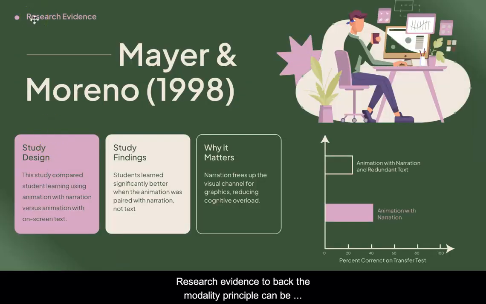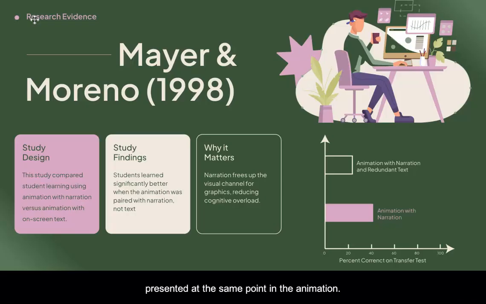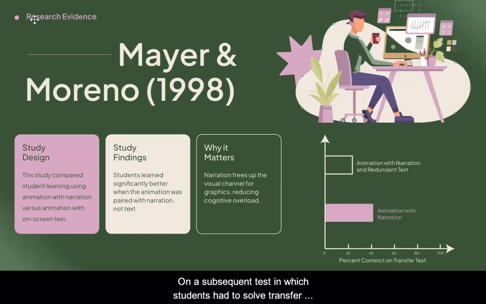Research evidence to back the modality principle can be exemplified in a study done by Mayer and Moreno in 1998. In the study, the words in the narration and the on-screen text were identical, and they were presented at the same point in the animation. On a subsequent test in which students had to solve transfer problems about lightning, the animation with narration group produced more than twice as many solutions to the problems as compared to the animation with text group, yielding an effect size greater than 1.